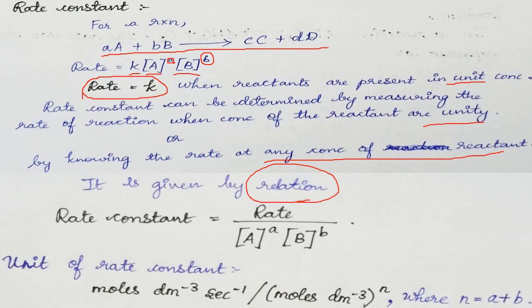The unit of rate constant is mol dm^-3 s^-1, or (mol dm^-3) to the power of 1 minus n, where n is equal to the sum of a plus b. We can see in the other videos zero order, first order and second order reactions, their graphs, and how to find the unit of rate constant.